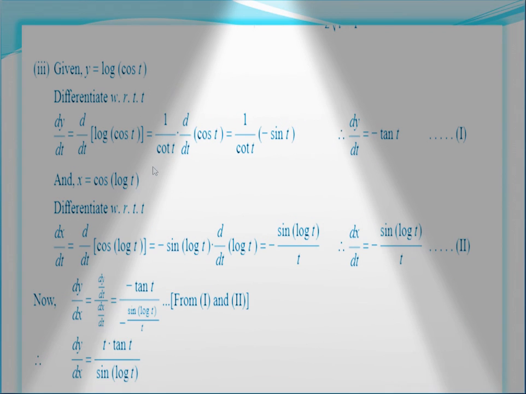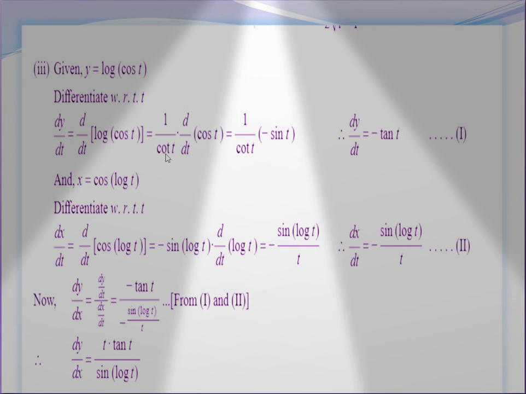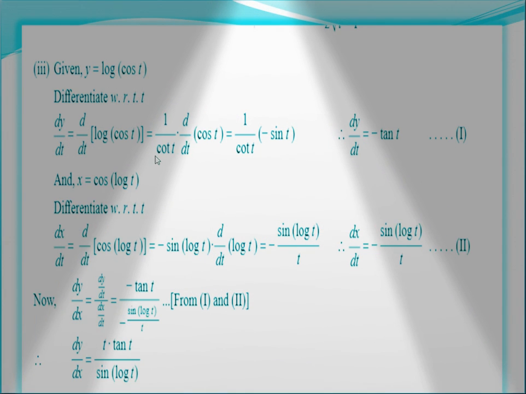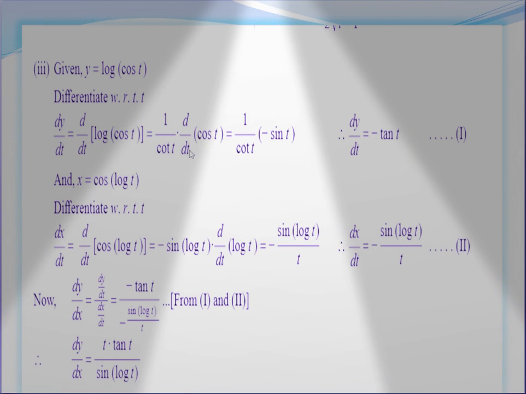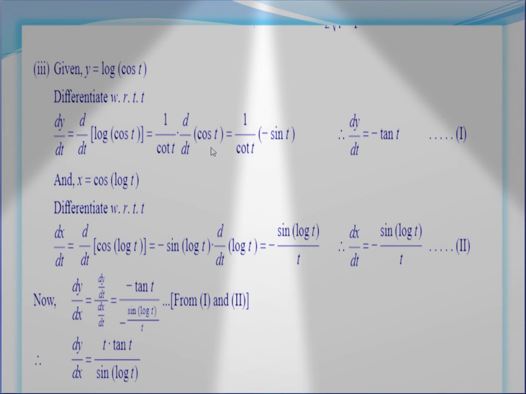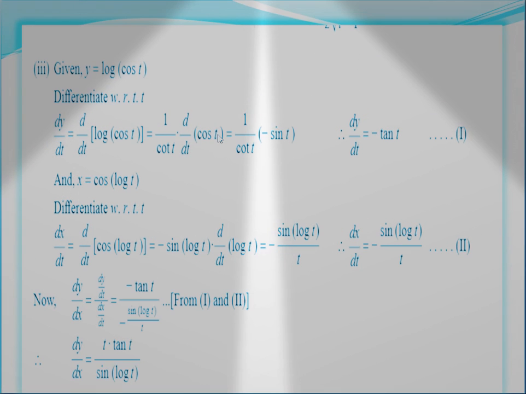Therefore, the derivative of log of cos t is 1 upon cos t into d by dt of cos t. The derivative of cos t is minus sin t.